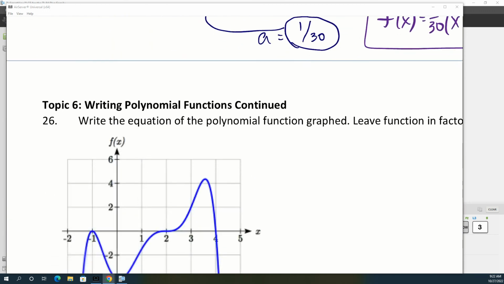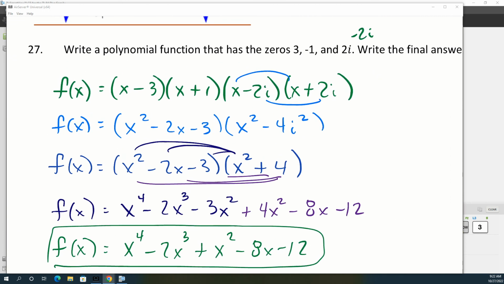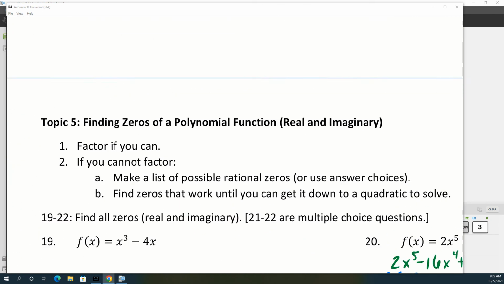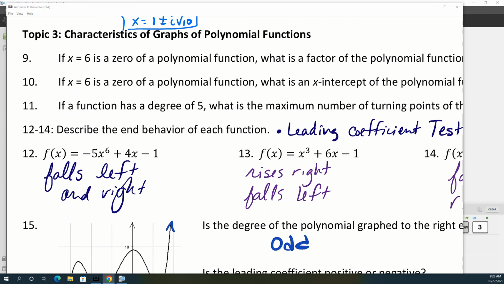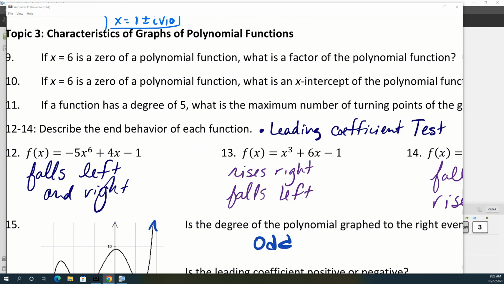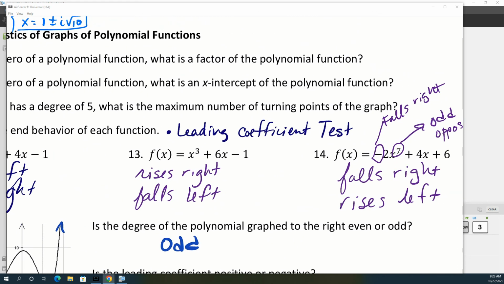We knew that 3 was a zero of the function. So what did we say was a factor of the function? If 3 was a zero, what was a factor? X minus 3. So it's the same thing. So if 6 is a zero, then what's a factor?